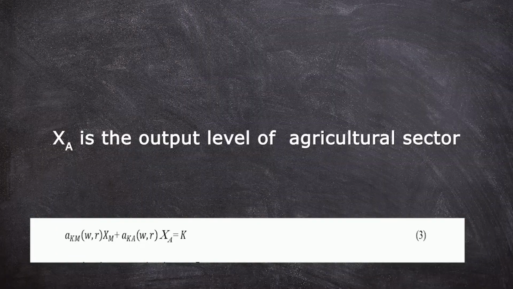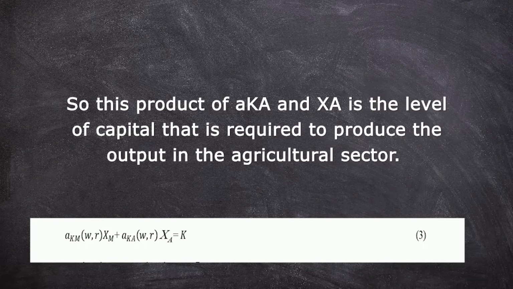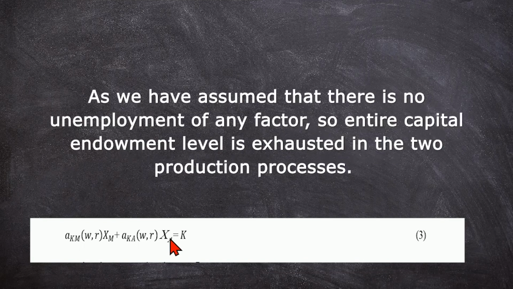XA is the output level of the agricultural sector. So this product AKA and XA is the level of capital that is required to produce the output in the agricultural sector. And as we have assumed that there is no unemployment of any factor, the entire capital endowment level is exhausted in the two production processes.